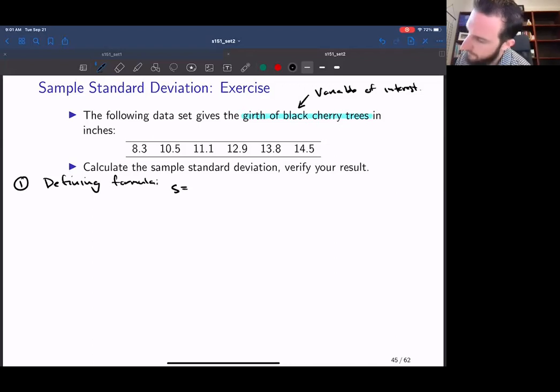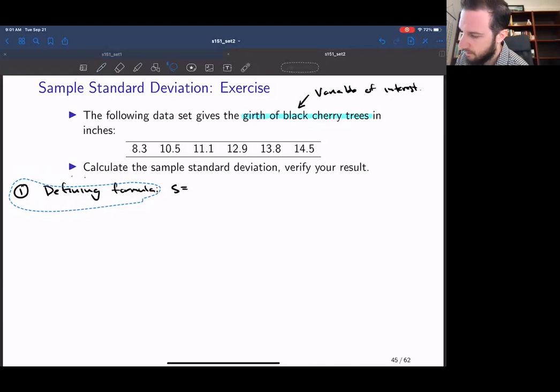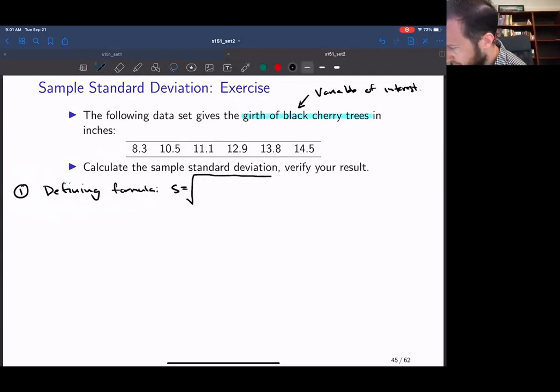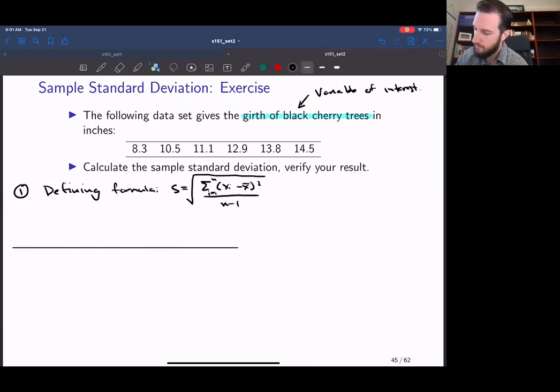So we have S is equal to... Okay, so to compute this value, we're going to construct a table.